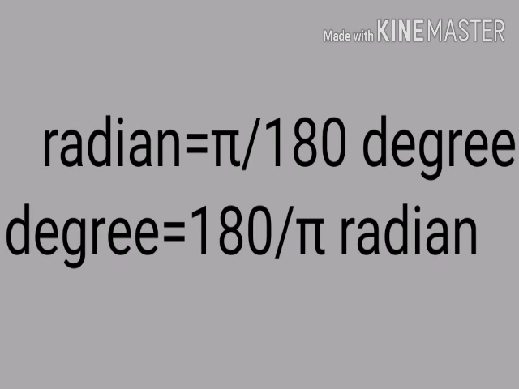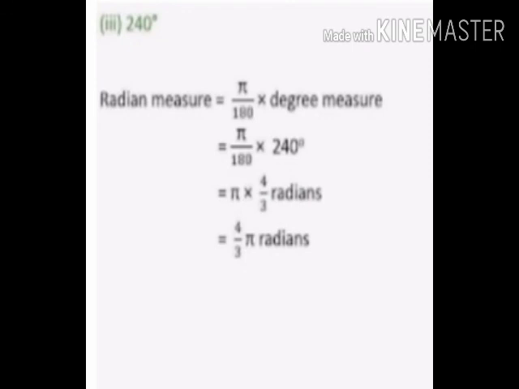So you should learn these two formulae by heart. Let's see one example. We have a degree measure, 240 degree, and our aim is to convert it into radian measure. We multiply the given measurement with pi by 180. Radian measure is equal to pi by 180 into degree measure, so pi by 180 into 240. 180 and 240 can be cancelled.